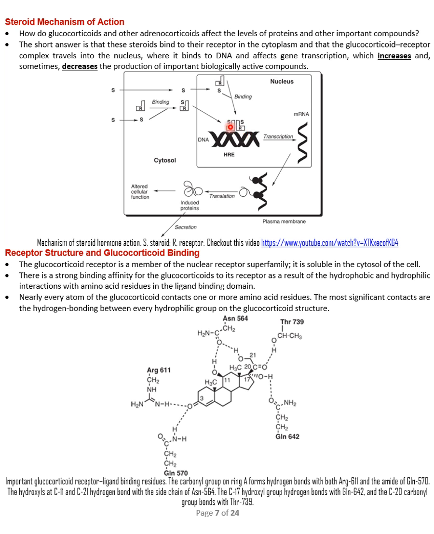Those that enter the nucleus are called nuclear receptors, and glucocorticoids bind to this kind of receptor. Let me have you watch this video just to have an idea of this graph, which shows how glucocorticoids bind to the nuclear receptors, and then the nuclear receptors affect the synthesis of protein. Okay.